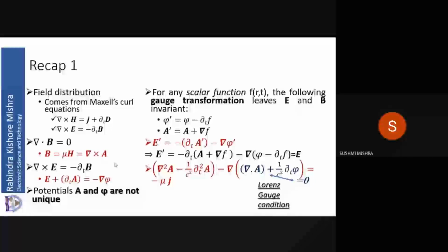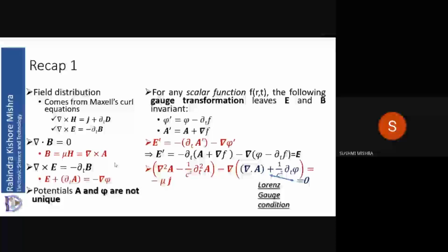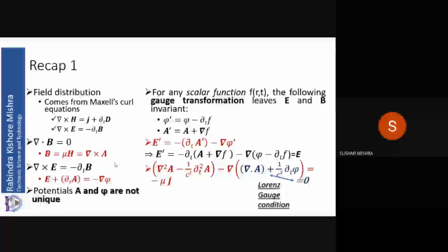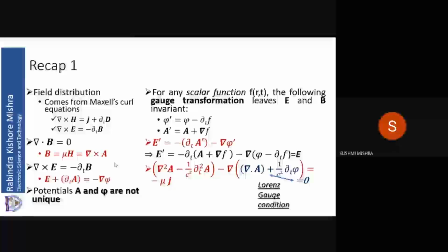Then we used the curl of A for the B field, and found out curl of E. So curl of E is equal to minus ∂B/∂t. Now if you take curl of B, that gives us ∂E/∂t.